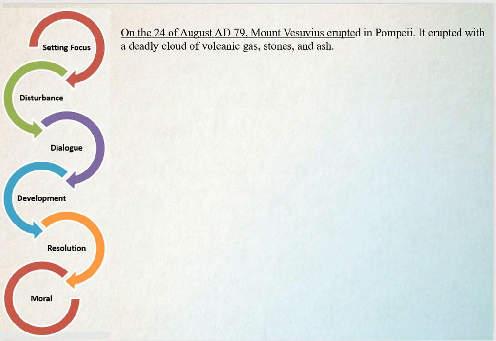So she began the text. Now keep in mind, this is for 12-year-olds. On the 24th of August, Anno Domini 79, Mount Vesuvius erupted in Pompeii. It erupted with a deadly cloud of volcanic gas, stones, and ash.